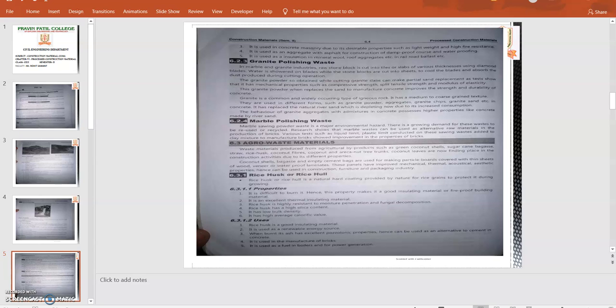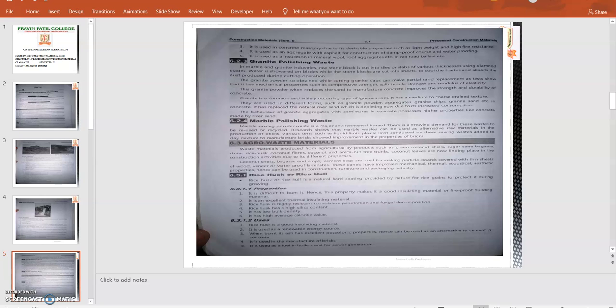Then it is used as an excellent thermal insulating material. Rice husk is highly resistant to moisture penetration and fungal decomposition. The rice husk has a high silica content. Then it has a low bulk density and high average calorific values. And because of that, rice husk is a good insulating material.